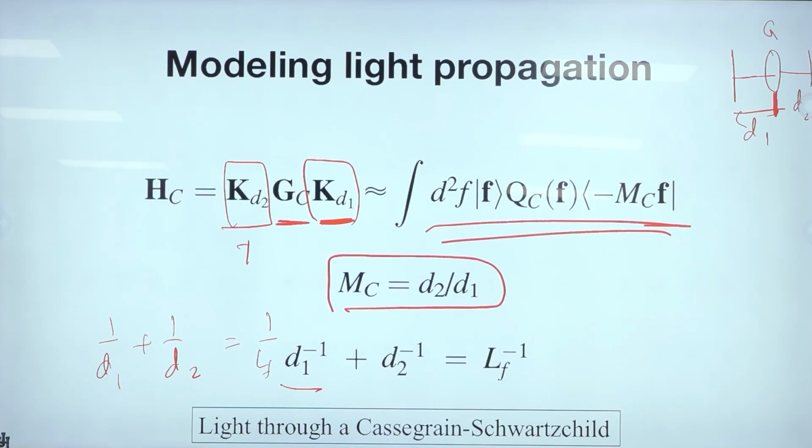D2 divided by D1 is the overall magnification of this imaging system. If you want to see something small, you use magnification so that you can see small objects. So this is light propagation through a Cassegrain or Schwarzschild.